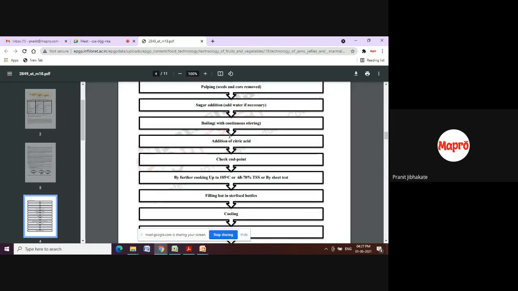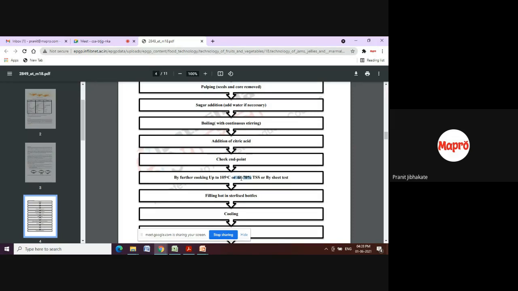Okay, so by further cooking up to 105 degrees Celsius, 68 to 70 degree TSS, we have earlier seen that as per FSSAI, TSS should be minimum 65%. Okay, so above 65, it is okay. Like we can maintain it 70, 72, 68, whatever, but it should be above 65.